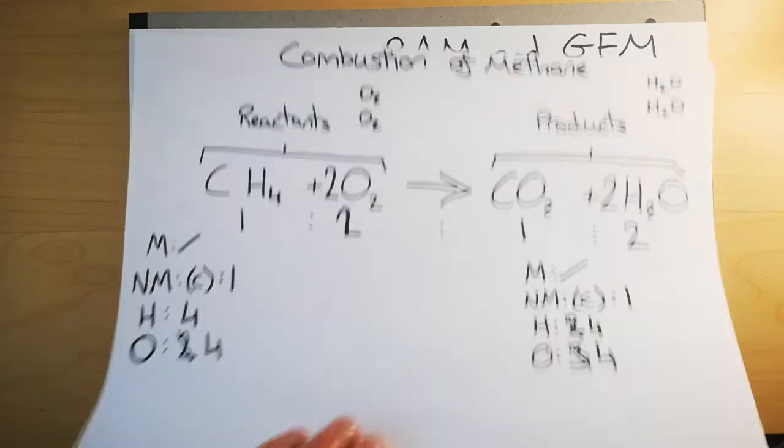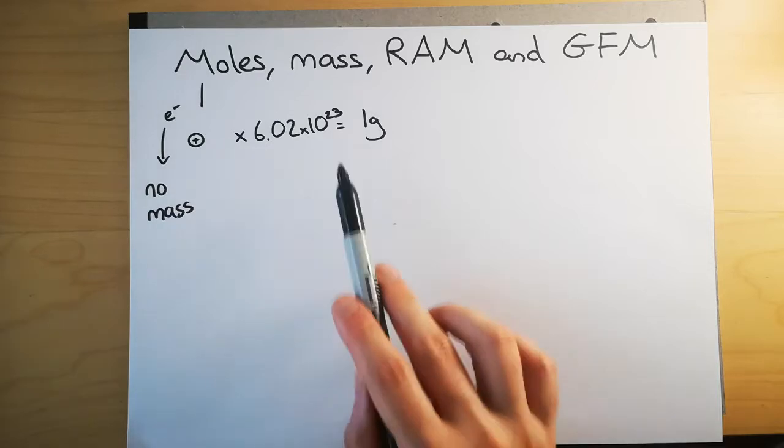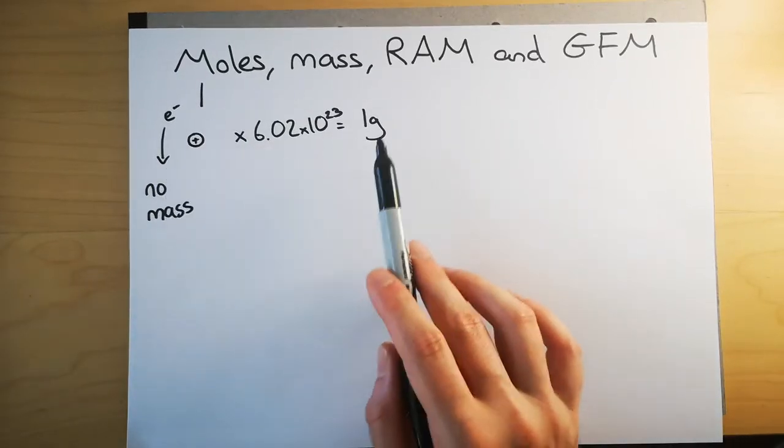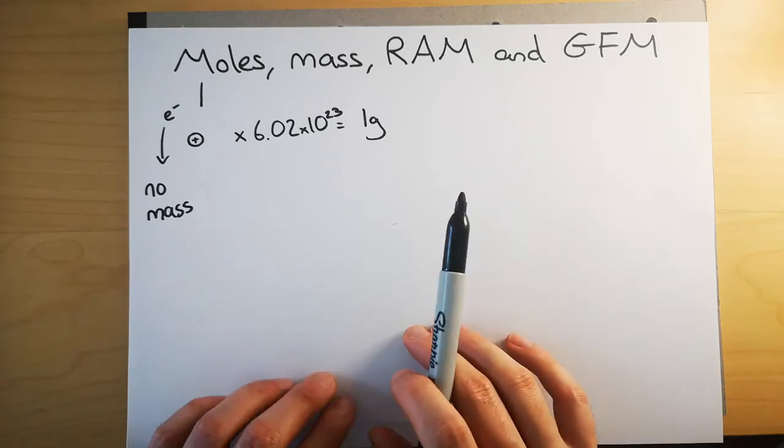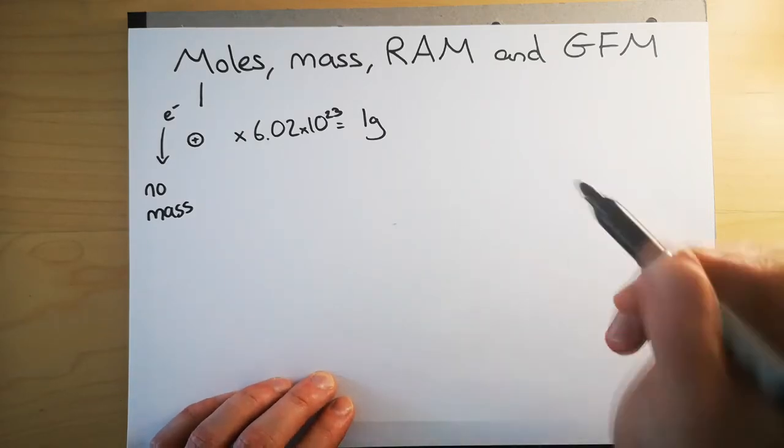And if you've got a certain number of protons, then you've got 1 gram, and that's how the mole really relates to mass.